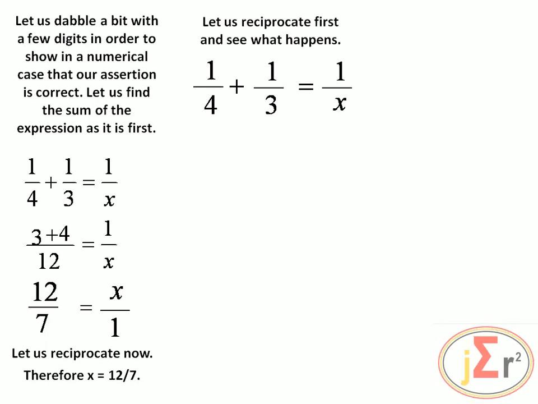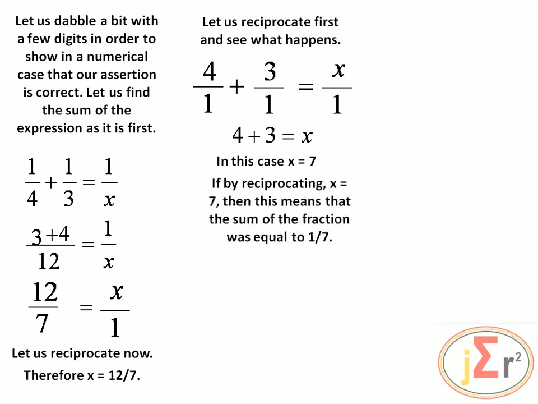But we are saying let us reciprocate first, which is the incorrect way, and see what happens. What do we have there? 4 plus 3 is equal to x. So x is equal to 7. If by reciprocating x is equal to 7, then this means that the sum of the fractions was equal to 1 over 7.